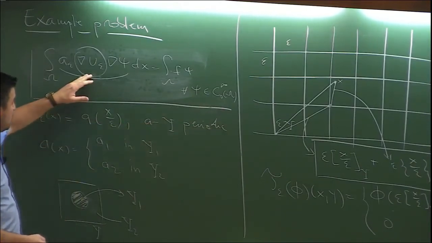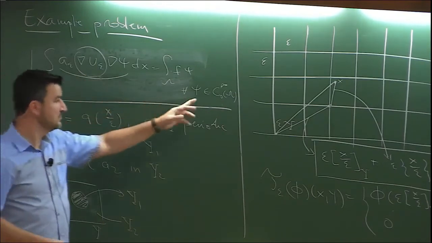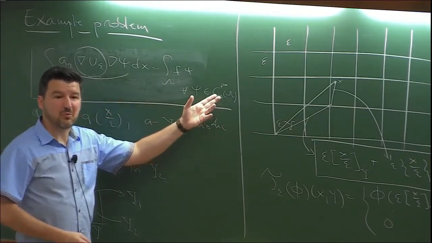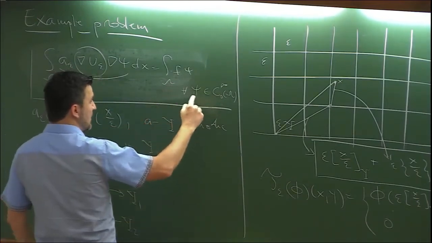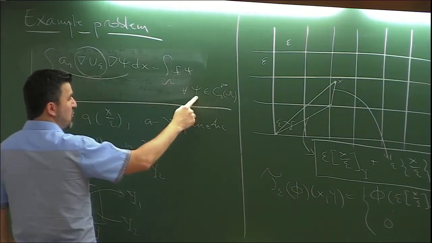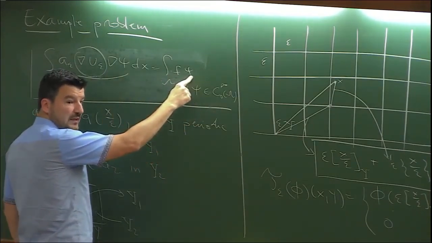Remember, u epsilon was 0 on the boundary, and so it can be approximated by functions in this space. So you can find a sequence of psi which approximates your solution exactly. So one choice here could be exactly your solution.